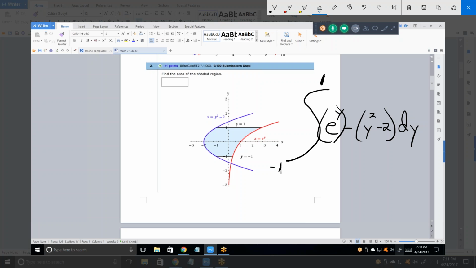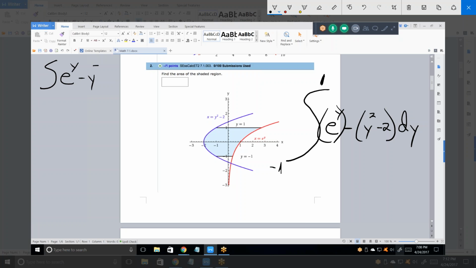So now let's integrate that. And again, it's straightforward. First of all, let's remove the parentheses. I'm going to go up here on the left where I have a little more room. When I remove the second parentheses, what do I get? Is it just y squared plus 2?